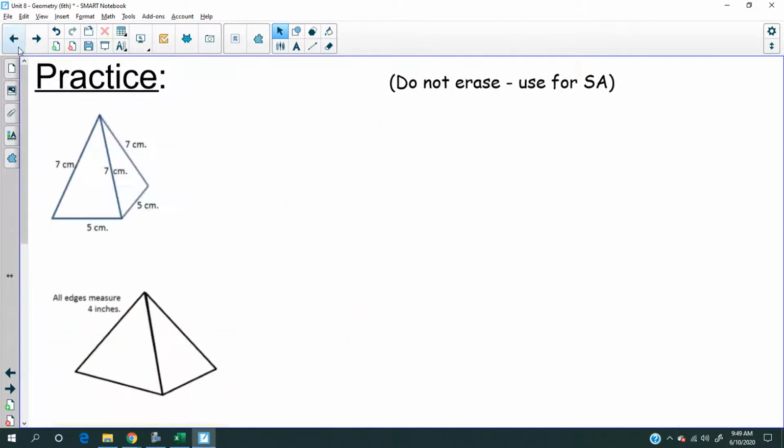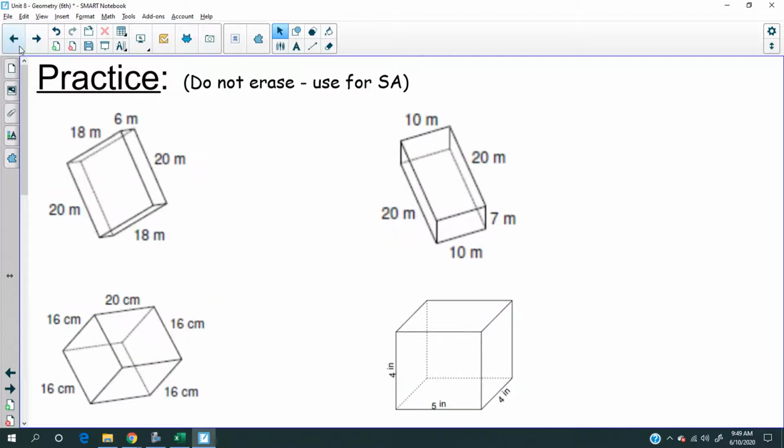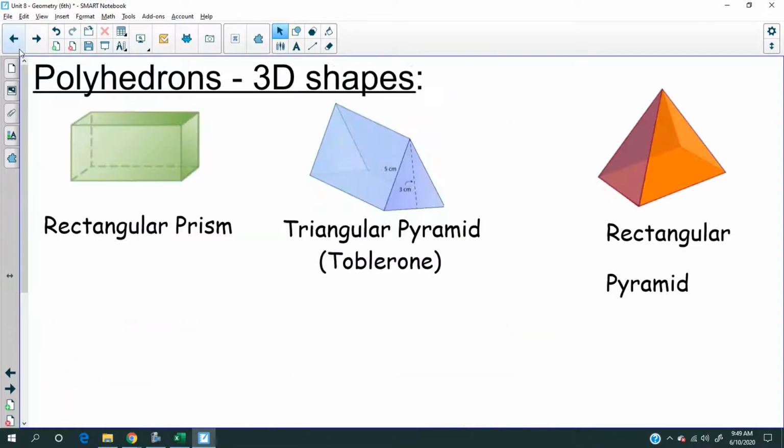So let's go back to talk about what we were going to talk about today. Now, you might have to draw this. I'll teach you how to draw it in case you haven't had any experience doing that. But polyhedrons, like the lady said in the video. Poly means many. Hedro means many faces. So again, polyhedron means many faces. Why don't we write that down here?